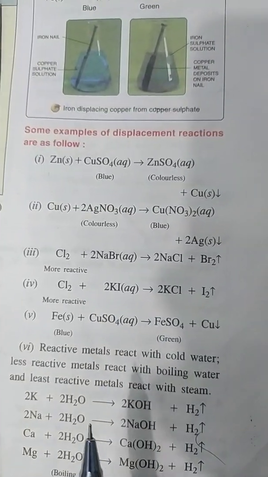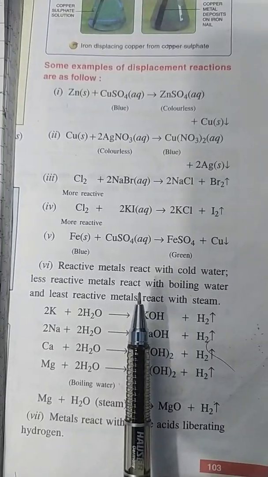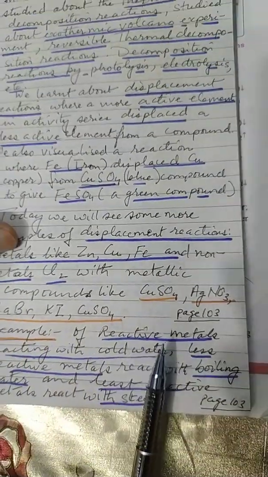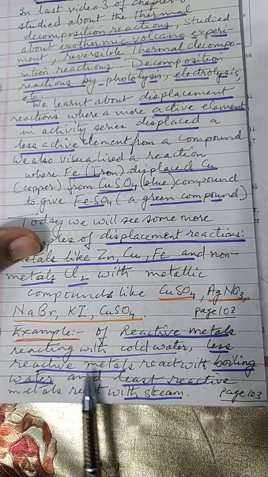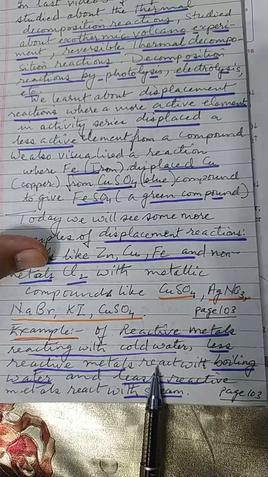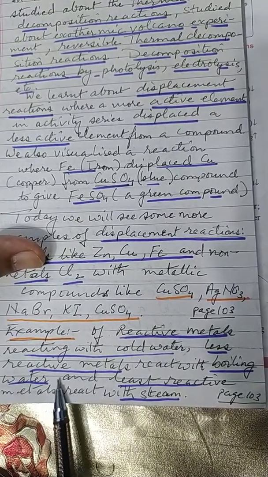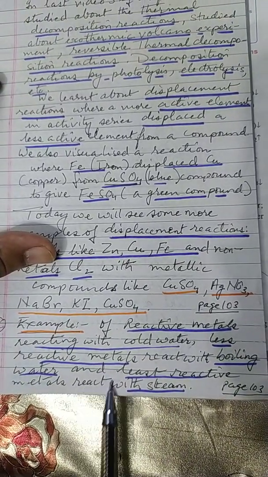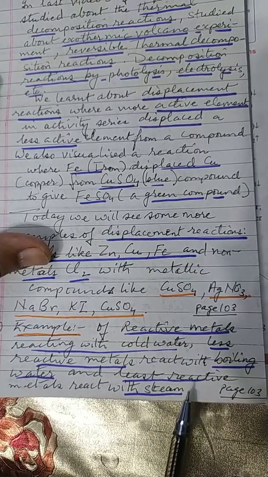Then we see examples of reactive metals reacting with cold water. There are less reactive metals in the reactivity series that react with only boiling water, and still there are least reactive metals which react only when heated steam is present.